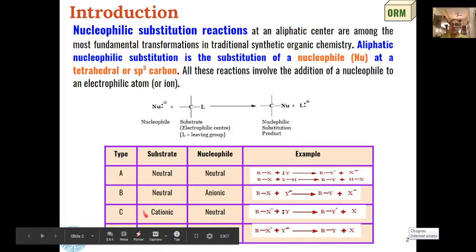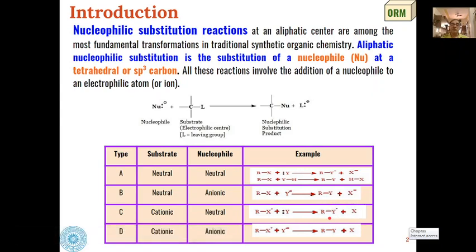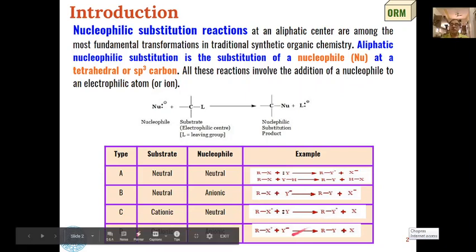And the third category is where the substrate is cationic and our nucleophile is neutral. And this type of conversion into these types of products will be known as nucleophilic substitution. And the last category is where both the substrate and the nucleophile are ionic species.